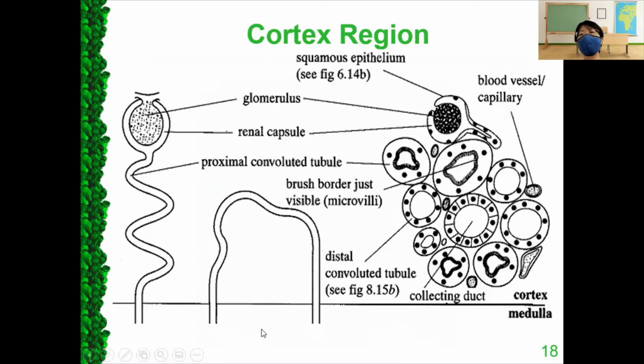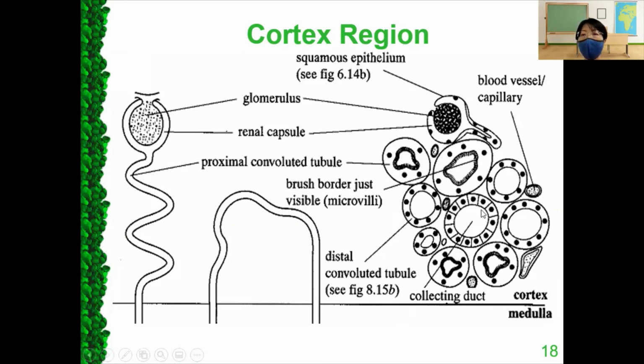So let's look at a closer view. In the cortex, you'll be able to see the Bowman's capsule and glomerulus, and then those cells with microvilli. So this structure is the PCT. Those without microvilli, where the border between the cell and the lumen is very clear, this is the DCT.